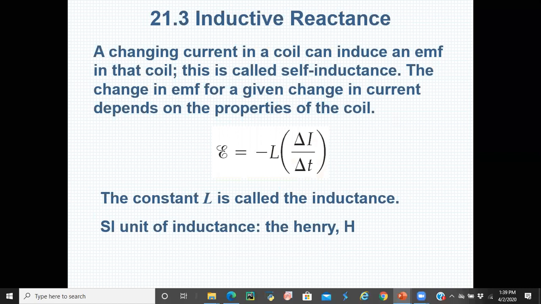So now, inductive reactance. What is inductance? It is a coil connected in the circuit. When a coil is connected in an AC circuit and you change the current with time, there is a generation of EMF that we call self-inductance.